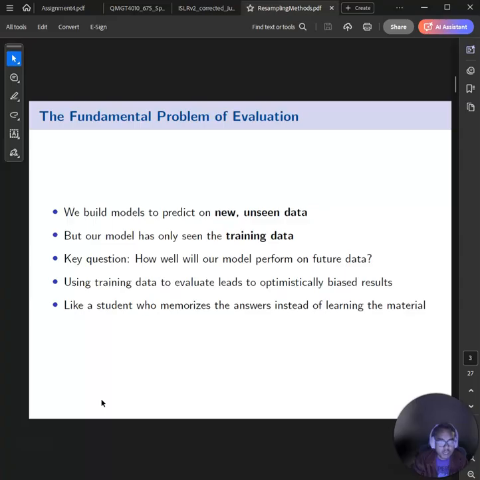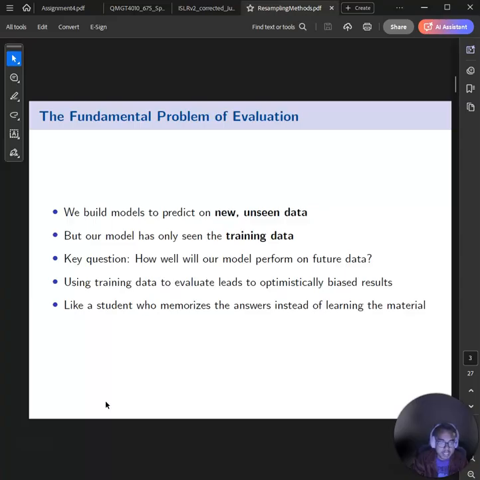If we evaluate our model only on the training data, we get what's called an optimistically biased result. The model has already seen these examples, so of course it's going to perform well on them. This is like a student who has memorized all the answers instead of truly understanding the material.